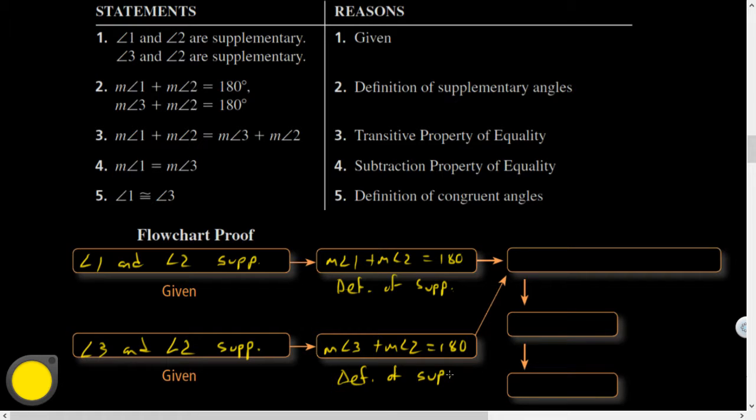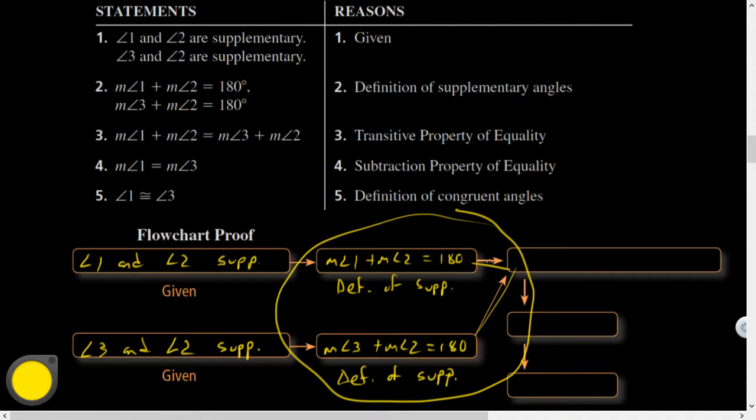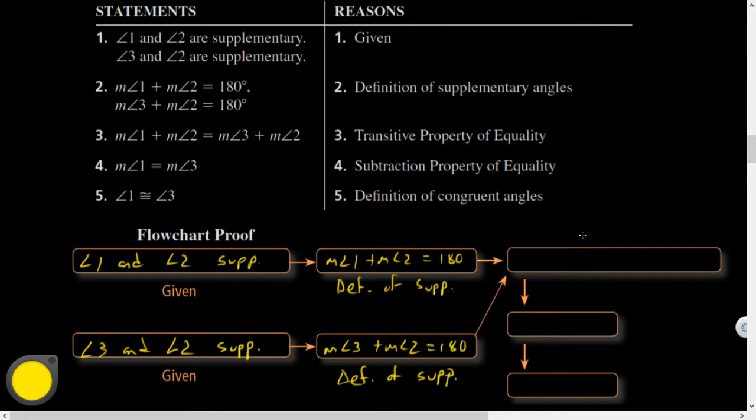And now notice, this is where flowchart proofs come a little bit more in handy. These two pieces of information combined let me make a new statement. Namely, measure angle 1 plus measure angle 2 equals measure angle 3 plus measure angle 2. And that's true by either transitive property or substitution.